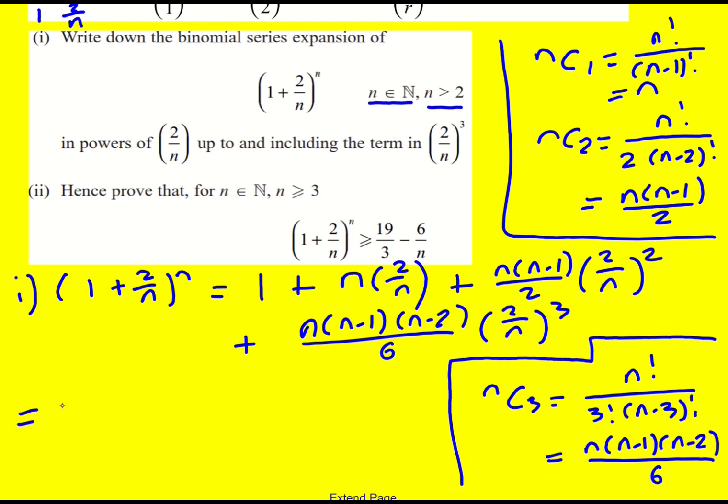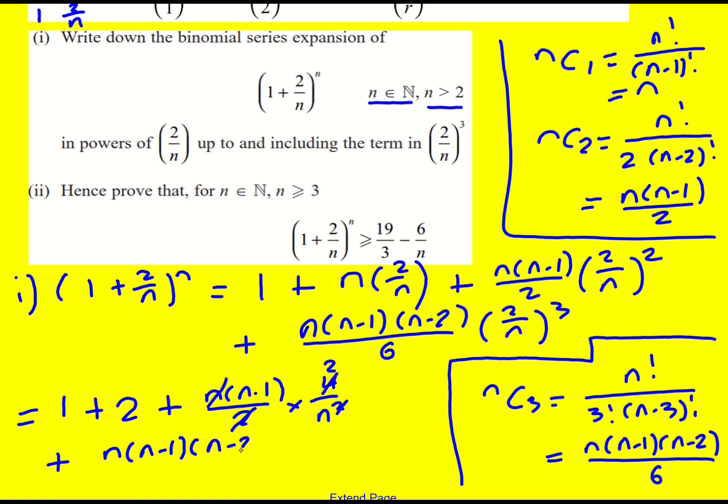Let's just simplify this. I'm going to get 1 plus 2 plus n times n minus 1 over 2 times 4 over n squared. So the n and the n squared are going to partially cancel. The 2 and the 4 are going to partially cancel, leaving me a 2 there. And then I'm going to add n minus 1, n minus 2 over 6 times 8 over n cubed. So again, the n partially cancels.